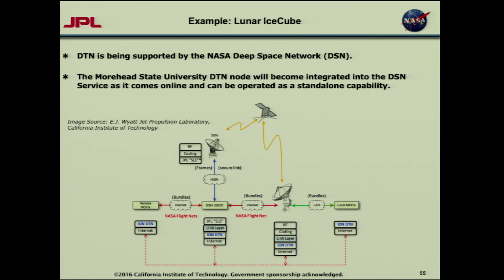DTN will be provided as a service by the DSN, and Morehead State is very active in that. If you want to know more about this, you can speak to Jay Wyatt. In this picture, you can see a Lunar IceCube type CubeSat interacting with the Morehead State antenna, and there's a communication link there.